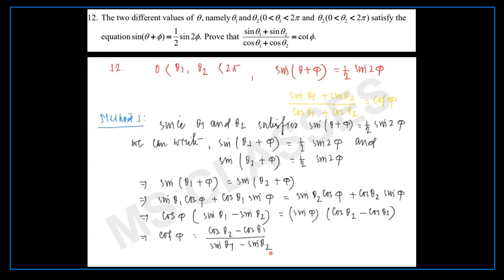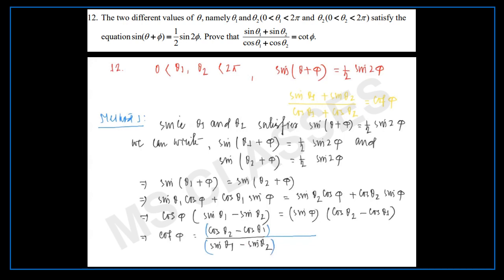Now, after this, we have (cos theta 2 - cos theta 1) by (sin theta 1 - sin theta 2), but we need sin theta 1 + sin theta 2 in the numerator and cos theta 1 + cos theta 2 in the denominator. So what will we do after this? We multiply by certain terms.